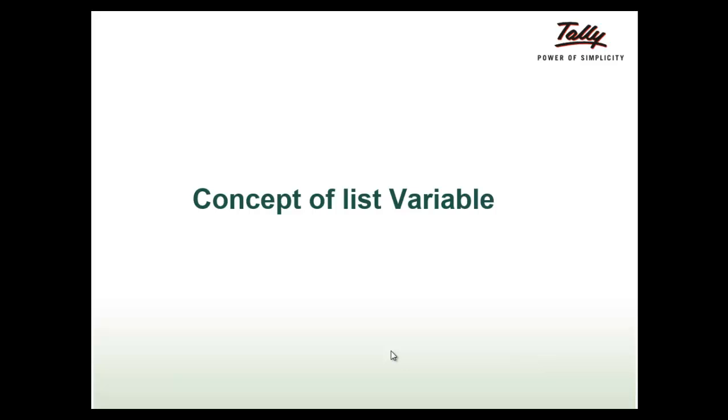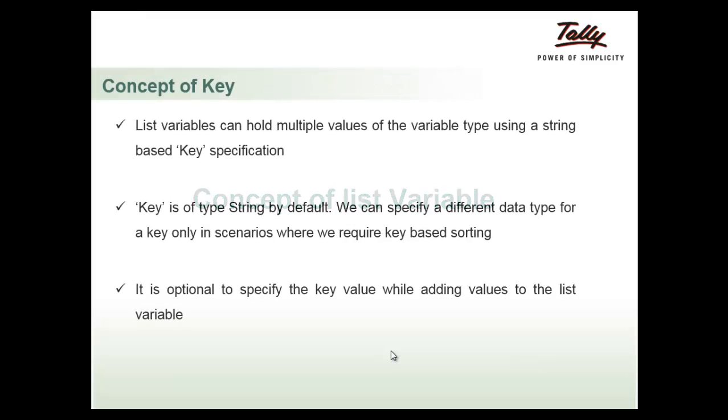So next we went to the concept of list variable. We know that a list variable can hold multiple instances of variables, that is, a list of variable values. If it is holding values of a single data type, then we say it is a simple list variable. If it can hold a list of multiple values of multiple data types, then it is called a compound list variable.